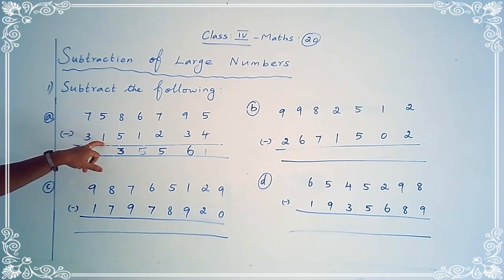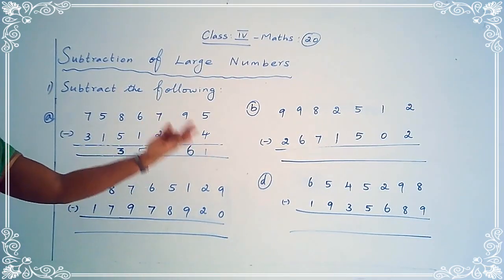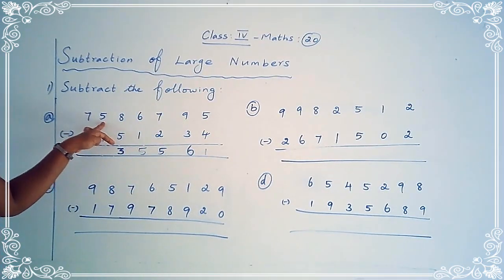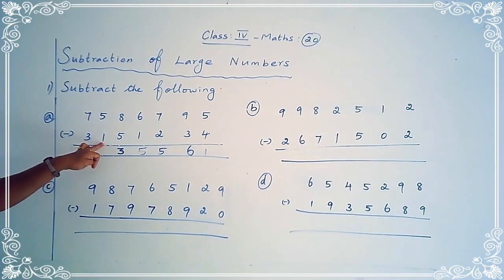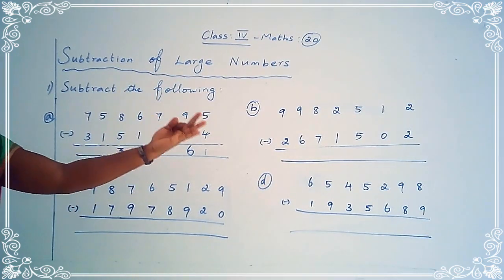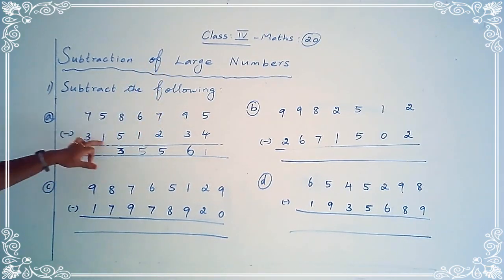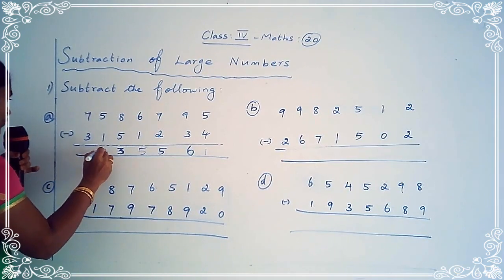So 1 after 2, 3, 4, 5. What number is on top? 5. So we count up to 5. What is below? 1. So 1 after 2, 3, 4, 5. So how much? 4. So 5 minus 1 is equal to 4.